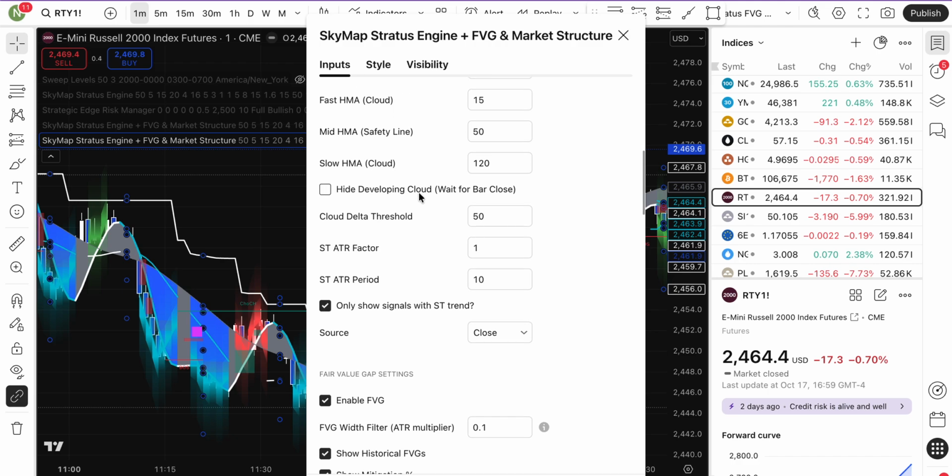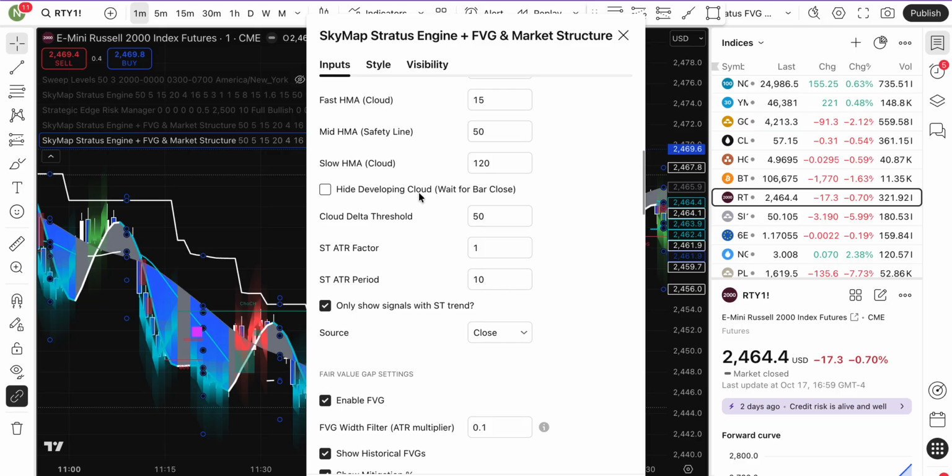Hide developing cloud. There's always that thought like, oh, I got psyched out. It was showing me this, and then I took the trade, and by the time that bar closed, that signal wasn't even there anymore. It repainted.